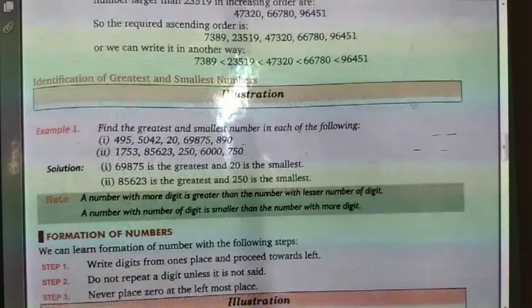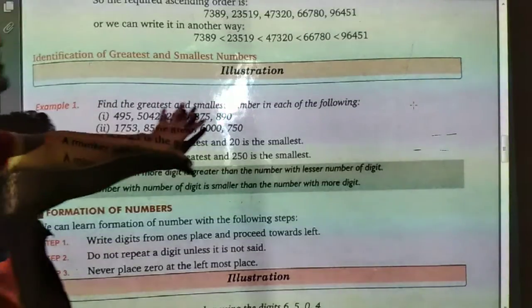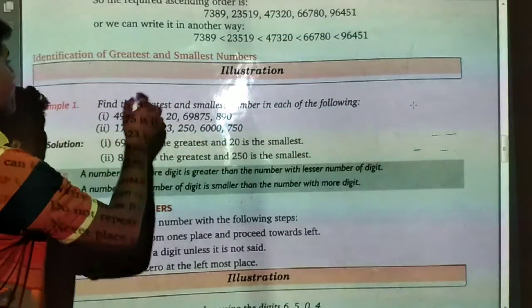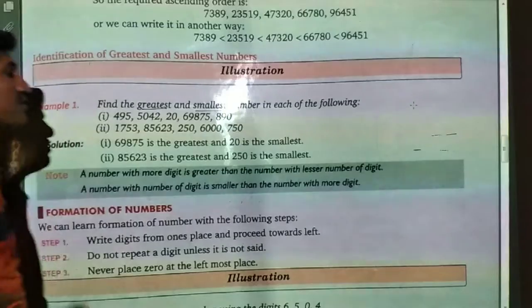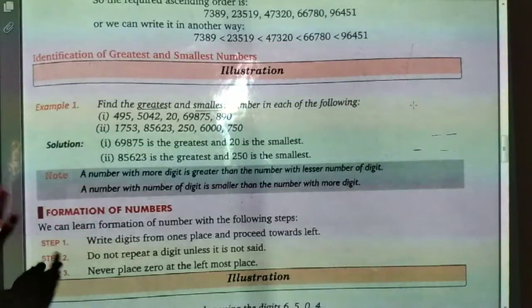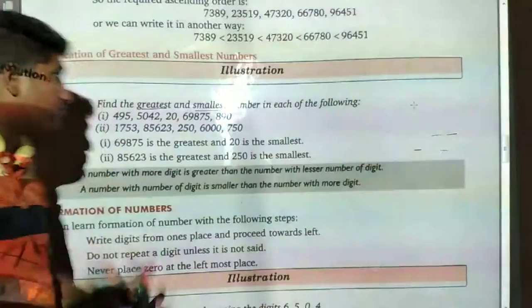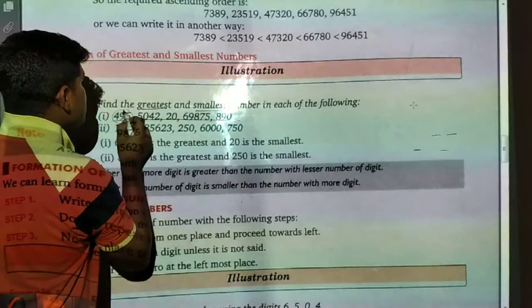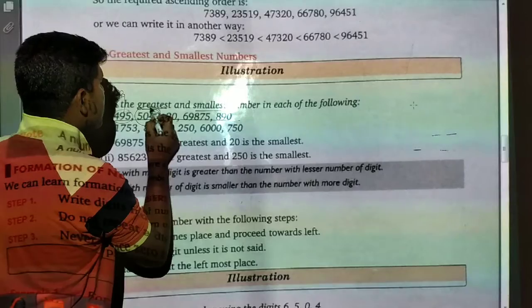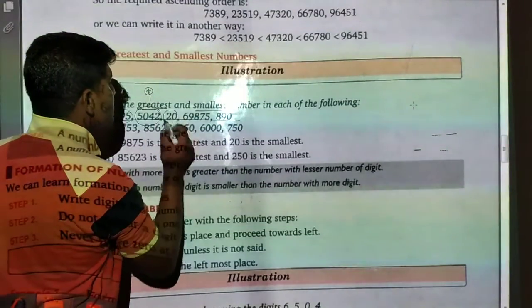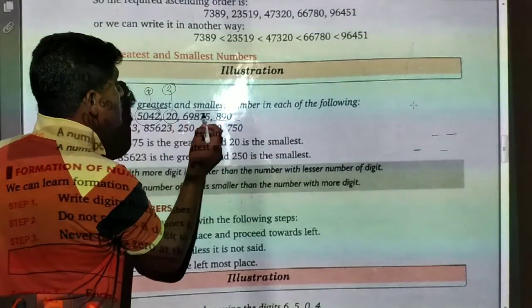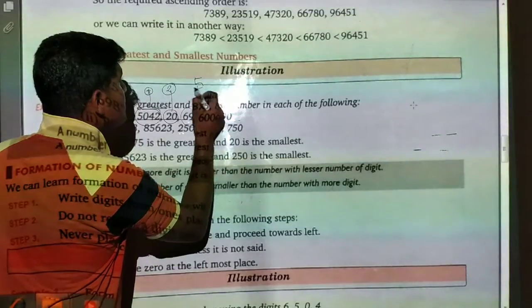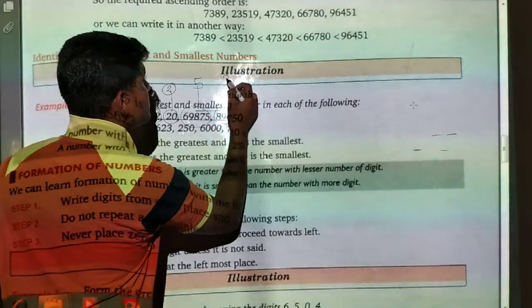Find the smallest and greatest number in each of the following. We have to find the greatest and smallest number. So we will compare these numbers by counting the number of digits. In these numbers, this number has 3 digits, this number has 4 digits, this number has 2 digits, this number has 5 digits, and this number has 3 digits.